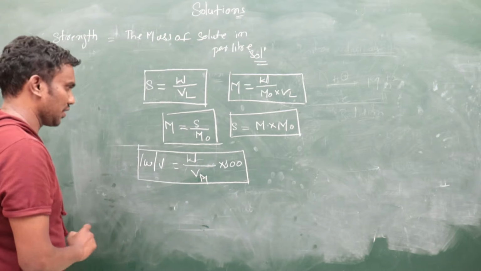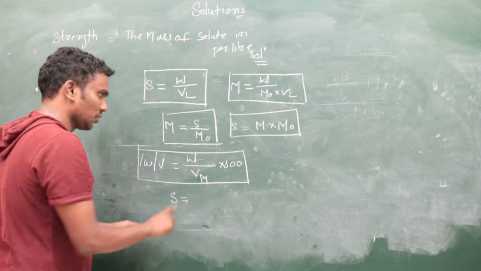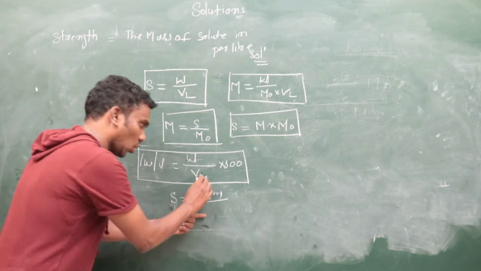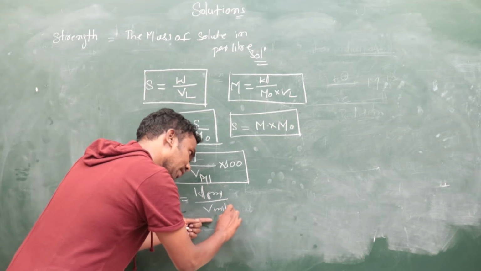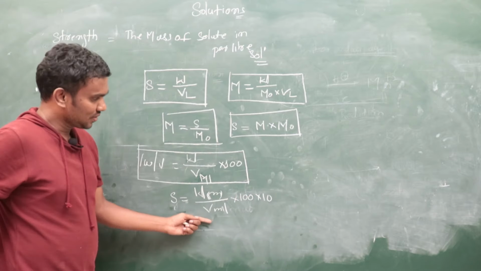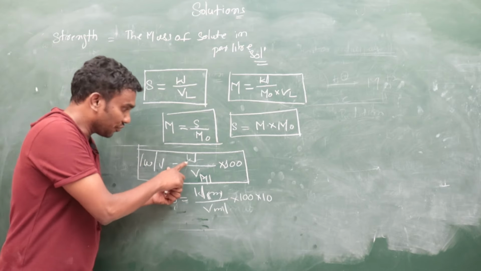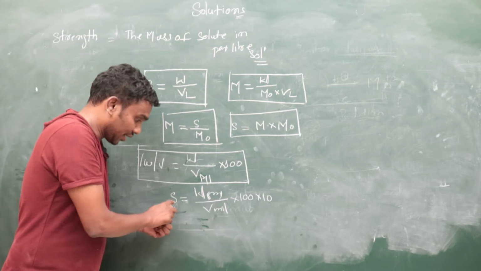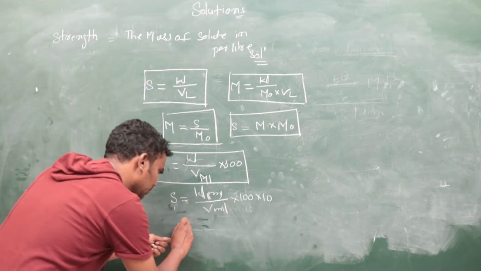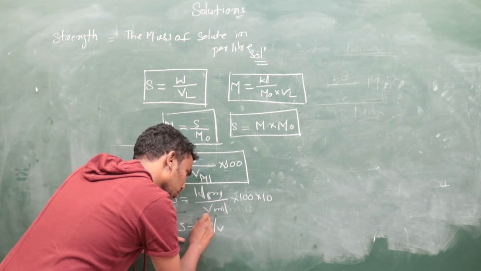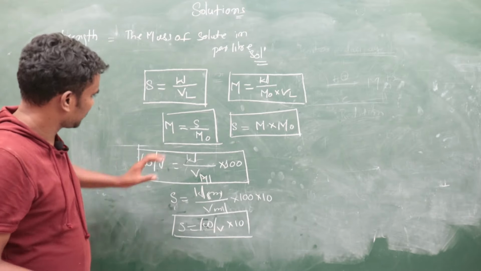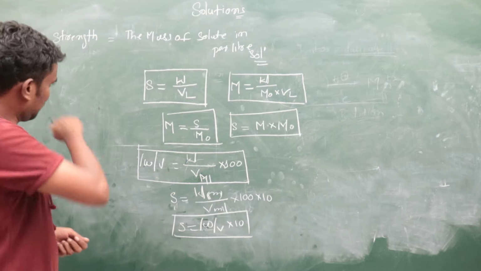Strength is equal to weight in grams by volume in ml into 1000. Just you have to write here weight by volume percentage into 10, sir. I did not do anything here, just this formula I kept over there. This is about the strength, sir.